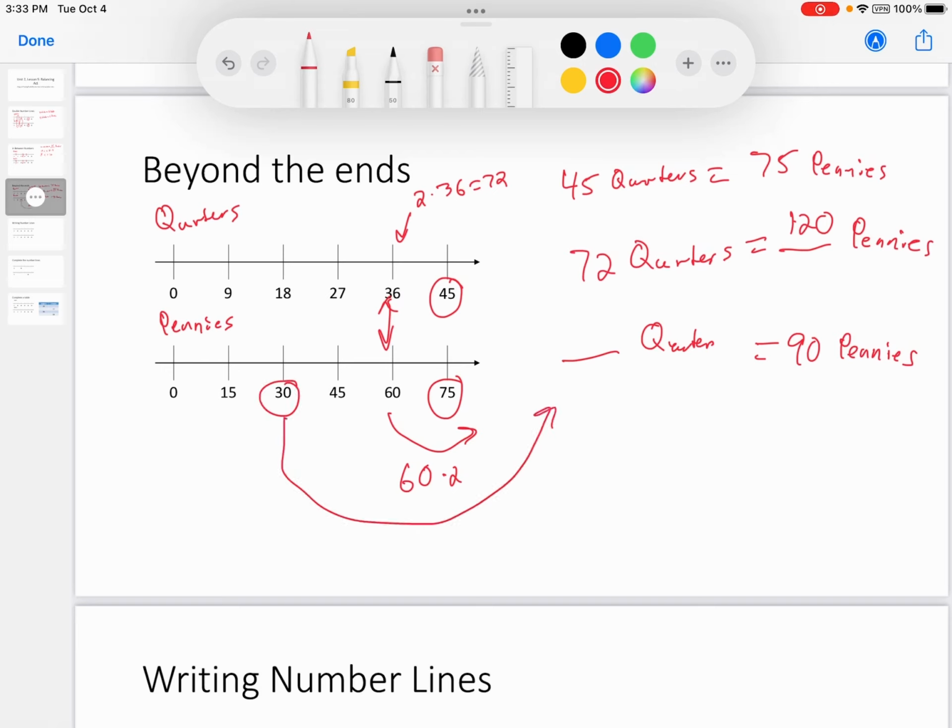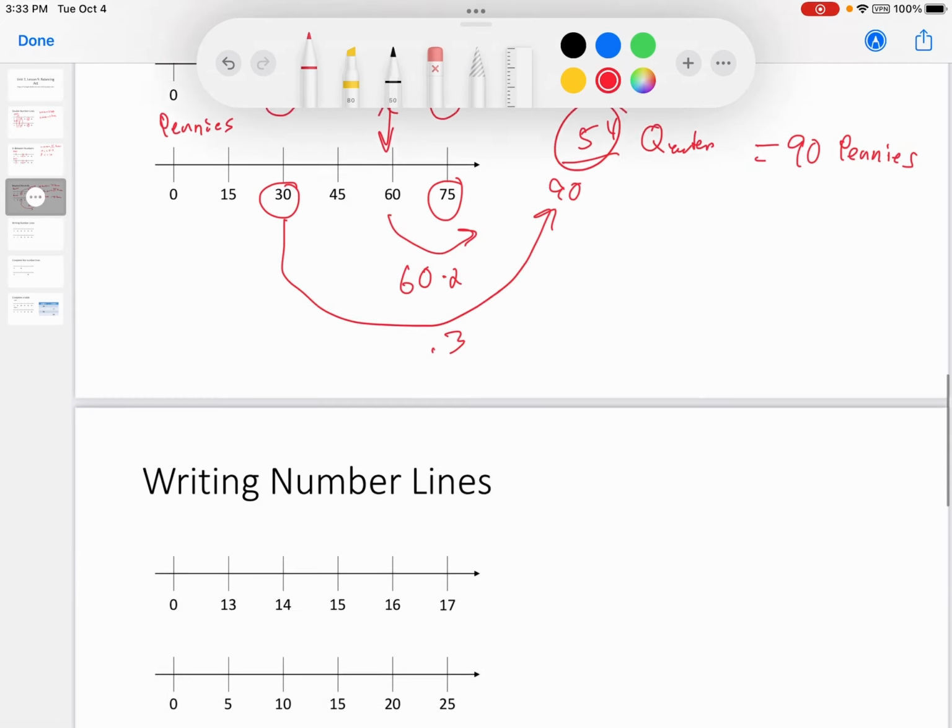And how do we get from 30 to 90? We multiply by 3. So we just have to do 18 times 3, and that is 54 quarters. You just take a number from here, multiply it to get to your target number, and then go to the other number line, multiply it by the same amount, and you get your answer.